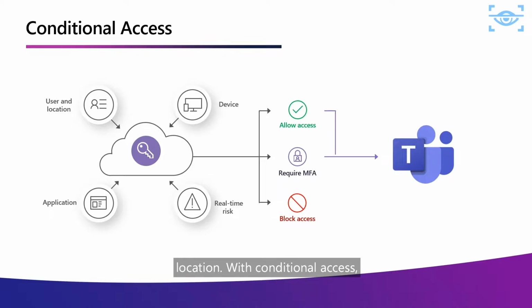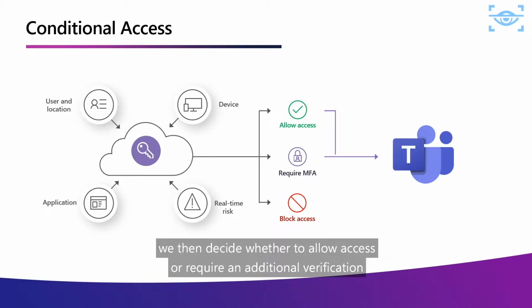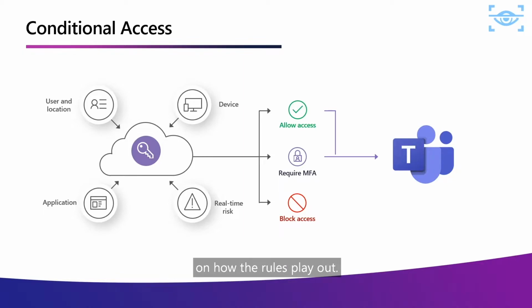With conditional access, we then decide whether to allow access or require an additional verification through multi-factor authentication, or even block access completely, depending on how the rules play out.